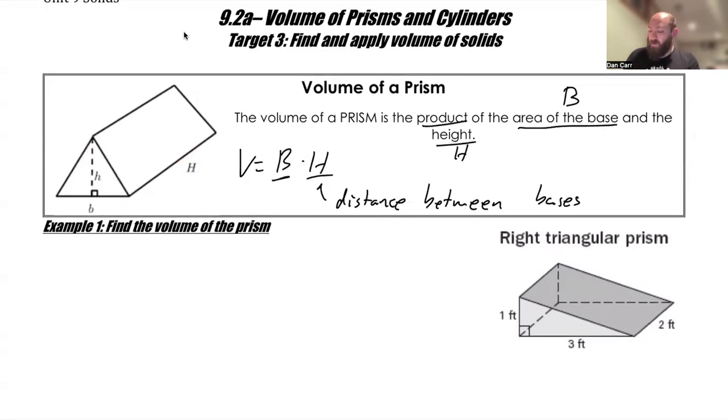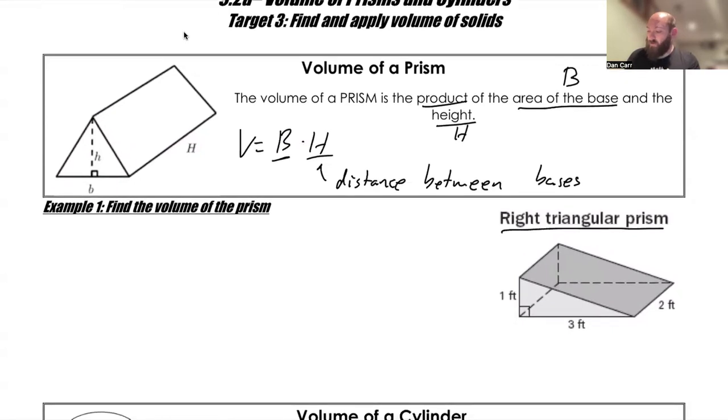For our first example here, we have a right triangular prism. We have 1 and 3 making up these two sides. Kind of like how I did with my surface area, I do want to mention what is the base. The base is what shape? In this case, the base is a triangle. Now I've identified that, I'm going to make sure I use the right formula. The area of the base is going to be 1/2 base times height, because that's our triangle formula.